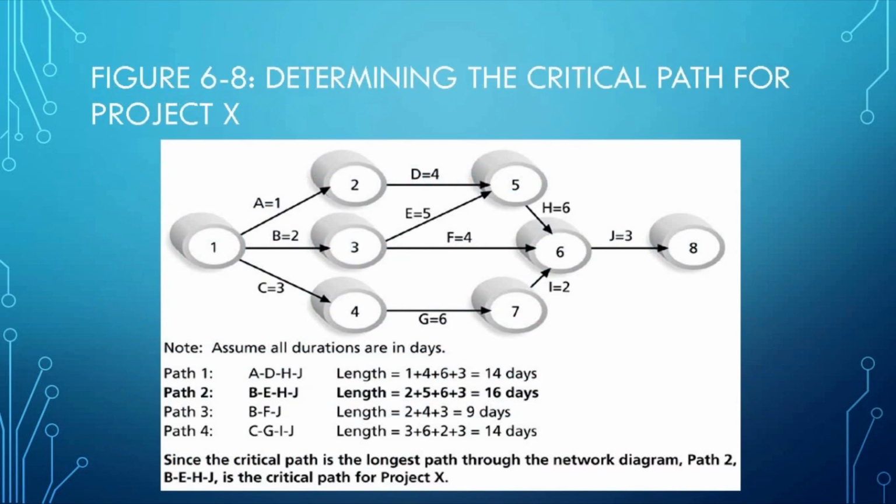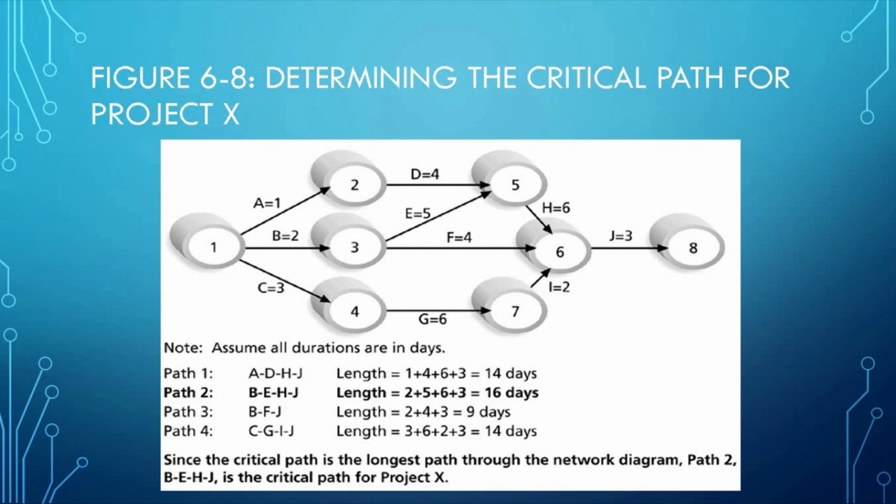As you can see on the screen, the figure shows how to determine the critical path for Project X. Let us assume that all the durations are in days. As you can see in Path 1, the arrows are connected to each other from activity A to D to H and to J. To compute their length, add all the durations.